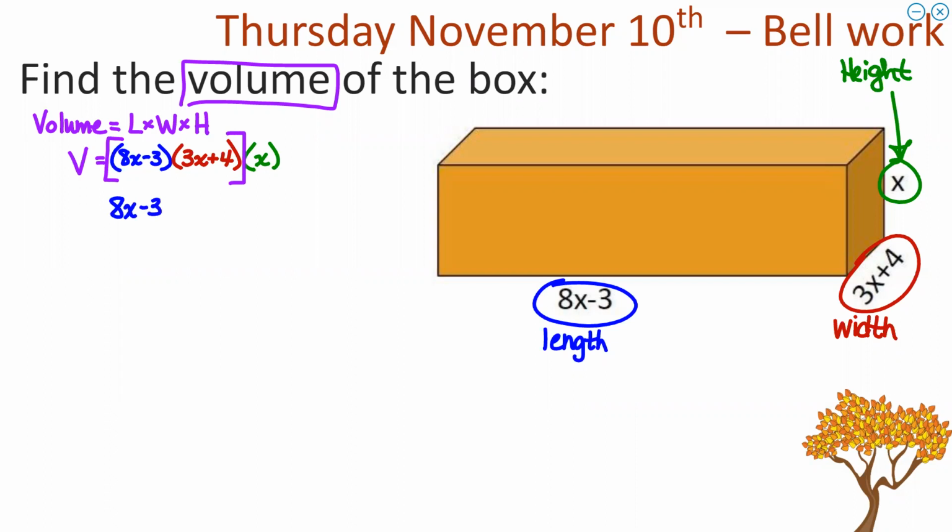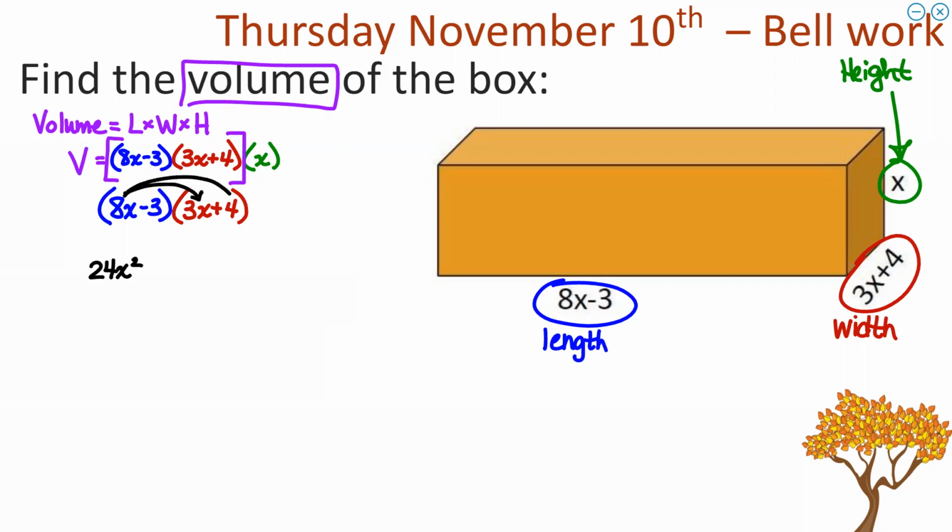8x minus 3 and 3x plus 4. How do I multiply those 2 together? Yep. 8x gets distributed to 3x. What's 8x times 3x? 24x squared.